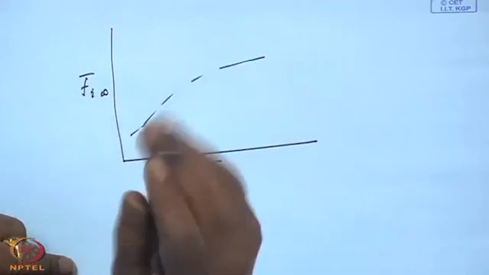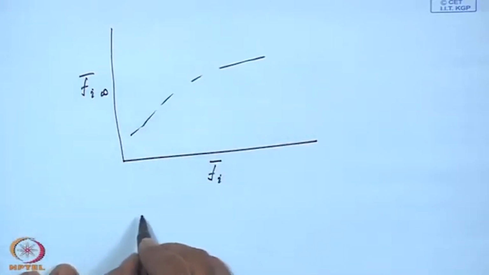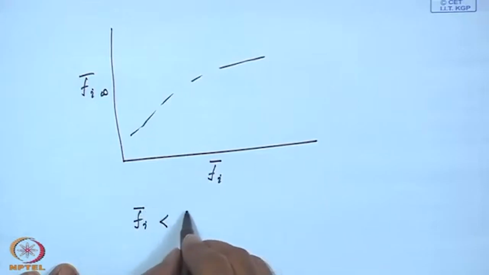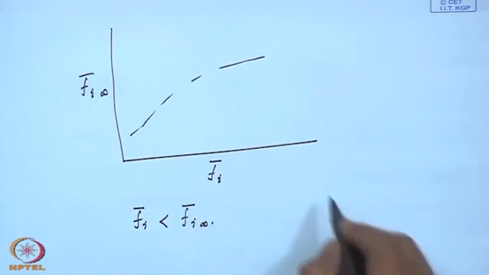Some curve will be there. I do not know whether it is increasing or decreasing, but we know that Fi bar should be less than Fi bar infinity. When the projection is infinitely long, it is a complete rectangle.